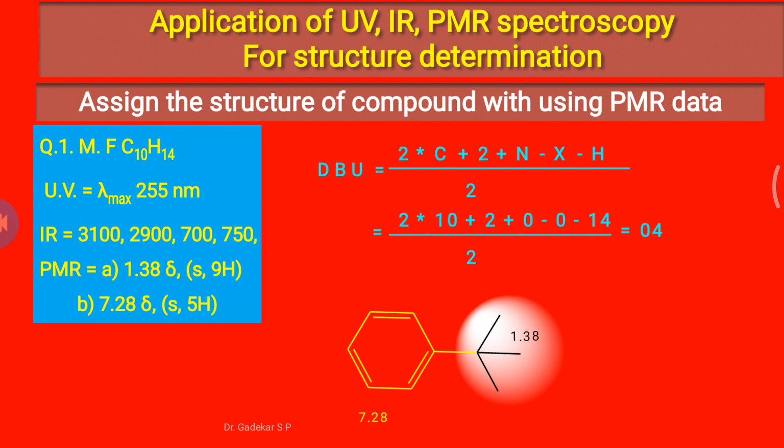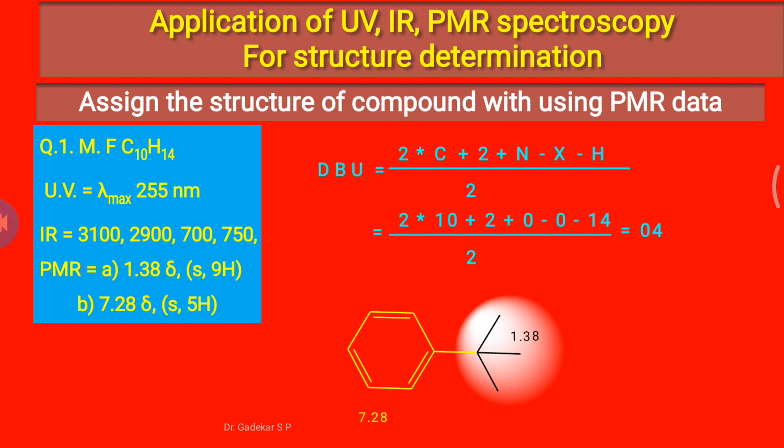The benzene ring contains 3 double bonds, and one is the ring. So in benzene the total number of double bonds is 3 and ring unsaturation is 1; 3 plus 1 is 4, which means benzene contains 4 double bond unsaturations.